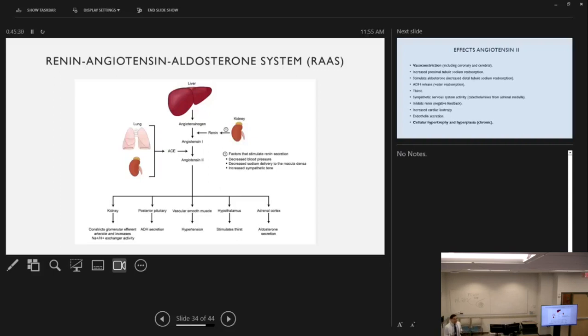Angio is blood vessel, tensing, produces vasoconstriction. It stimulates ADH release from the posterior pituitary, and we'll have some actions also at the level of the kidney that we are going to be studying in more detail in the nephrology part.